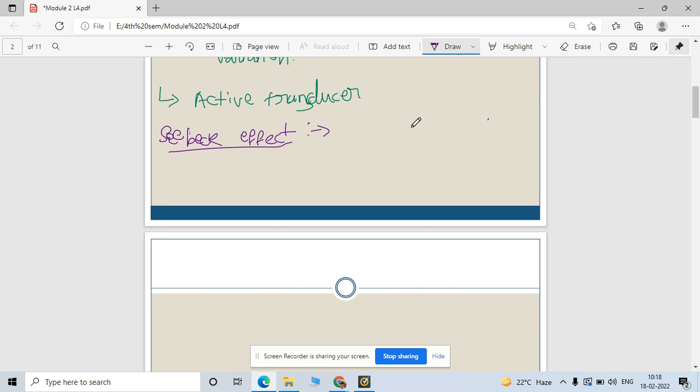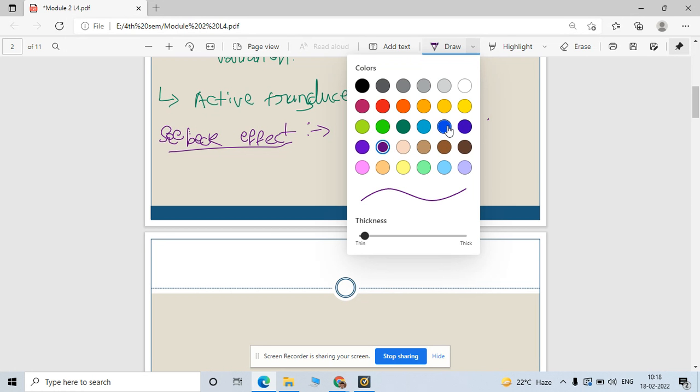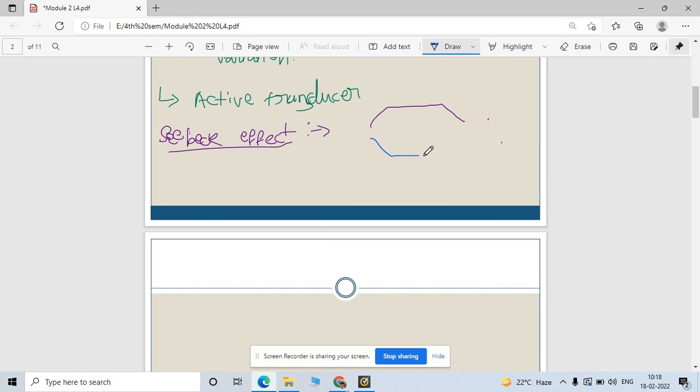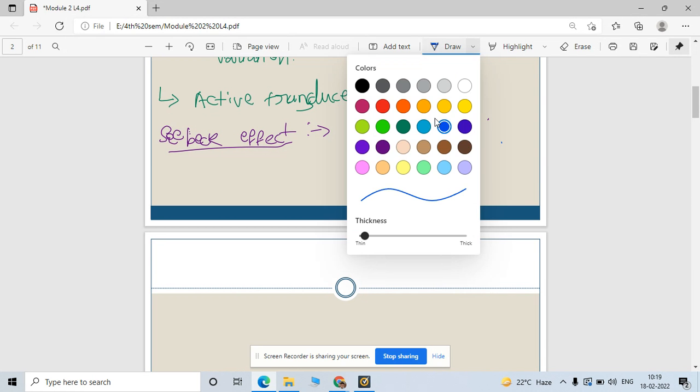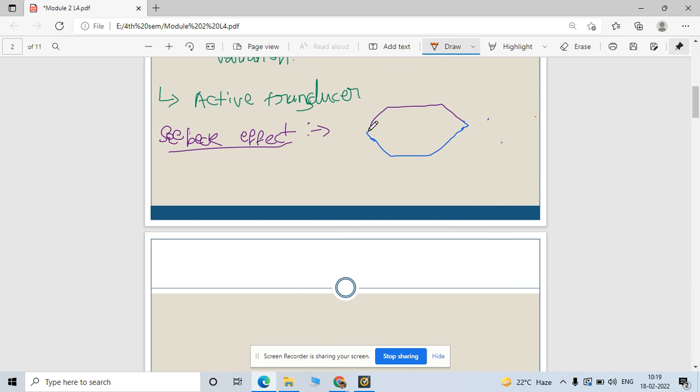Generally, for example, this is one metal wire and this is a second metal wire. You just connect those metals, so it creates a junction. Let's say this is junction 1 and this is junction 2. This is metal A and this is metal B.